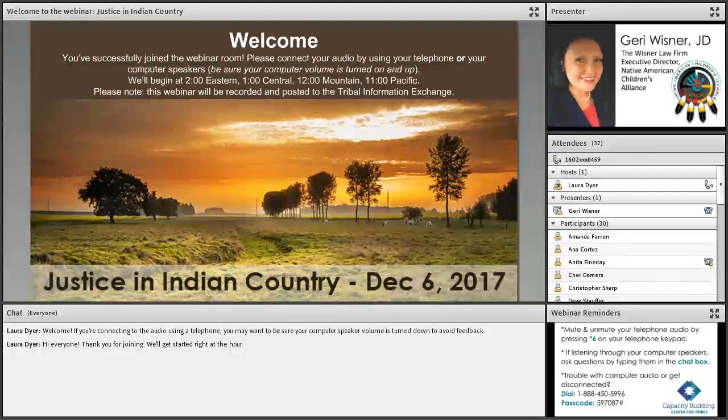So we can test out the chat feature right now. You can use that chat box just to introduce yourself to others on the webinar. It's on the bottom left-hand side of your screen, so you can just type what you'd like to share with everyone in the bottom white bar, and you can either hit enter or click on the little talking bubble icon, and that will send your message.